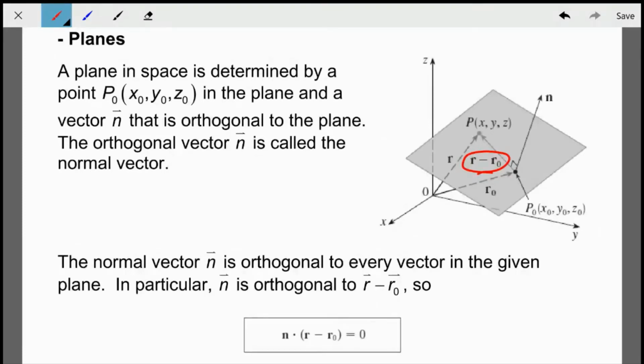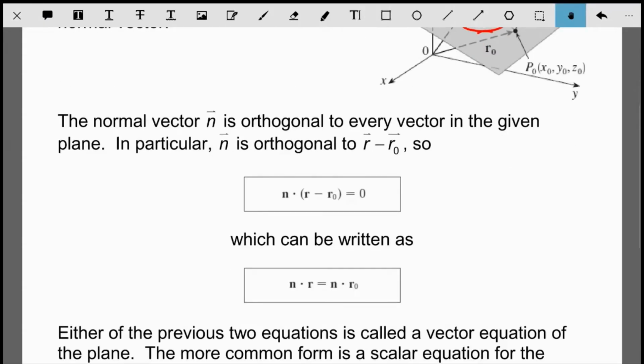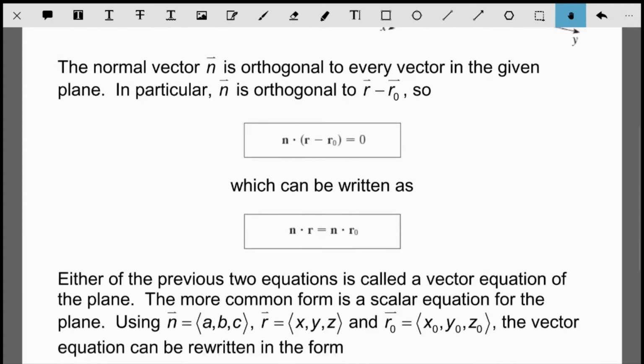Okay, so down below here, you can see what happens. If I took the dot product between the normal vector and that difference r minus r naught, I know I should end up with 0 because the normal vector is going to be normal to every vector in that plane. So we can rewrite it in a different form.